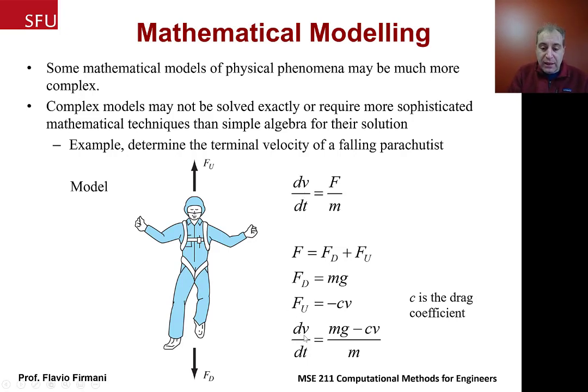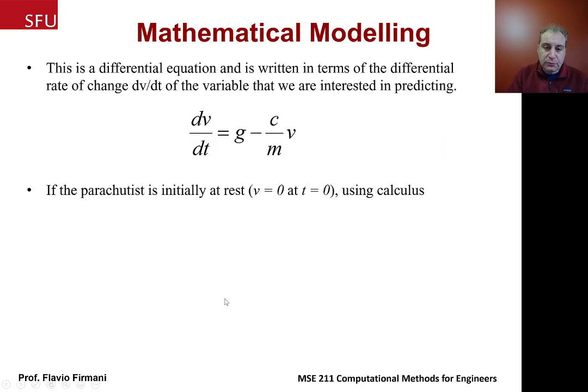Then we get that the time derivative of the velocity is going to be equal to f, which is the downward force plus the upward force. But in our system of reference, we're going to consider positive going down. So we have mg minus cv divided by m. And this is going to be the equation that will represent the system.